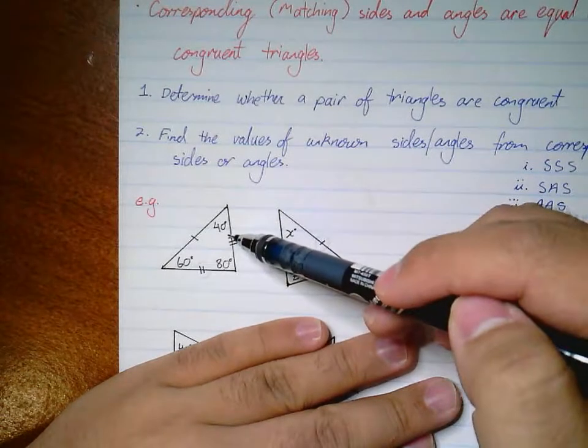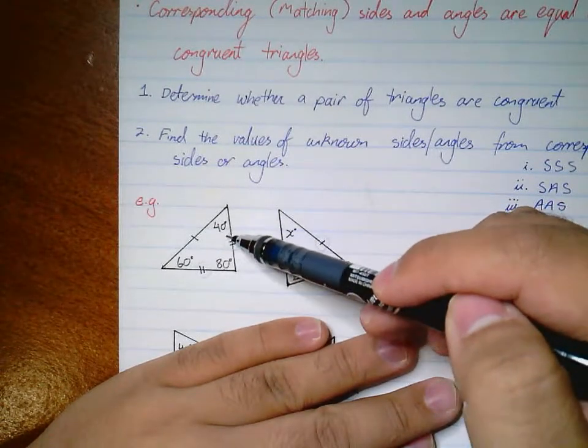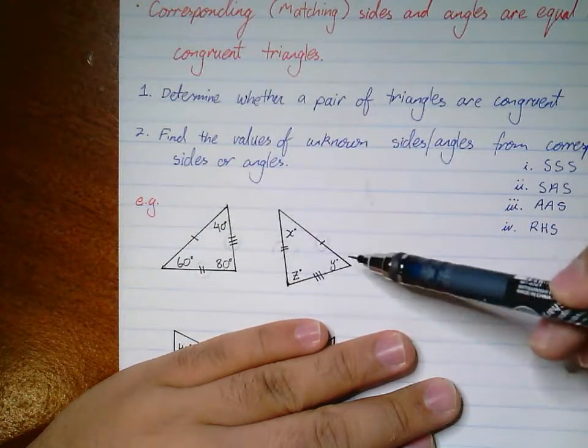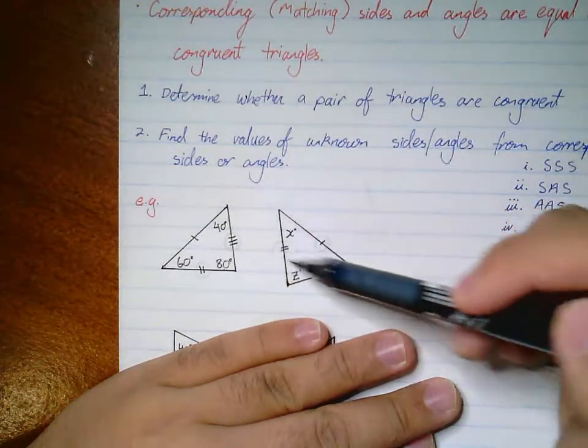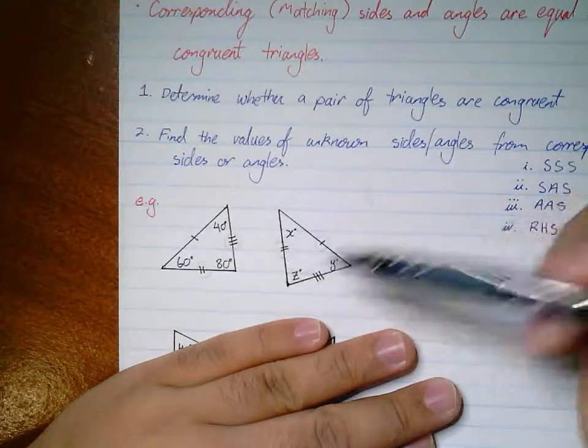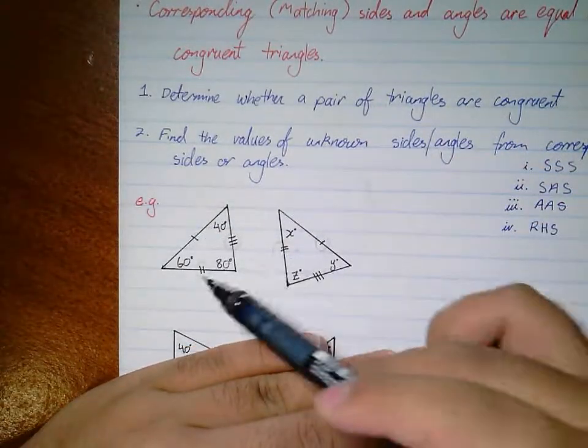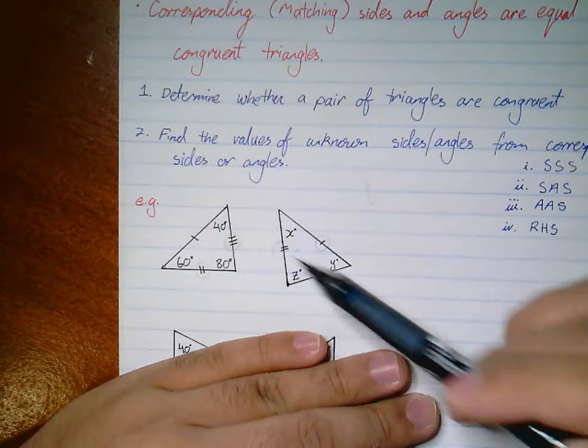And finally, we have 3 dashes and 3 dashes here, so these 2 sides are equal. So we have 1 pair, 2 pairs, and 3 pairs of sides.